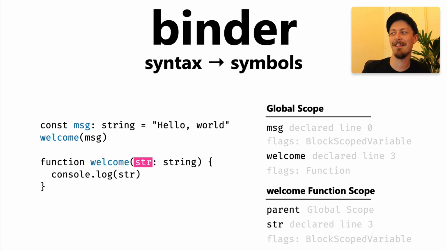And because it's a new scope that's a function, it adds the parameters into the new scope inside. And so that's the symbol table. So symbols are effectively a way of keeping track of identifiers across files, and they're done on a very global scope, and then narrowed down further.